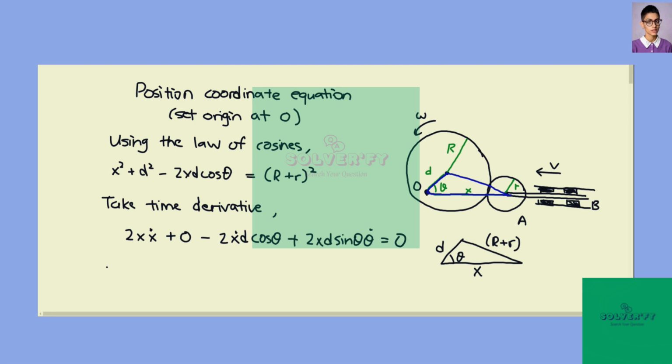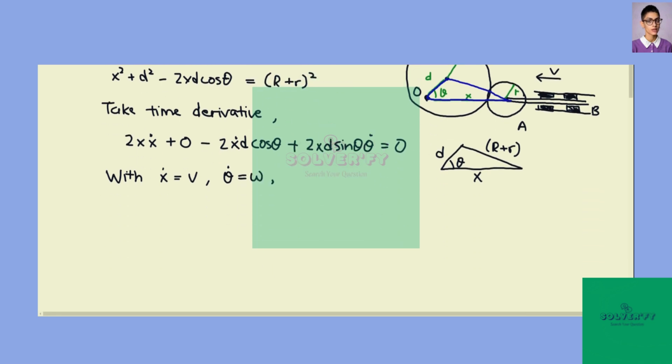We know that x dot is v, and theta dot is omega. So we have v equals x d omega sine theta divided by d cosine theta minus x.